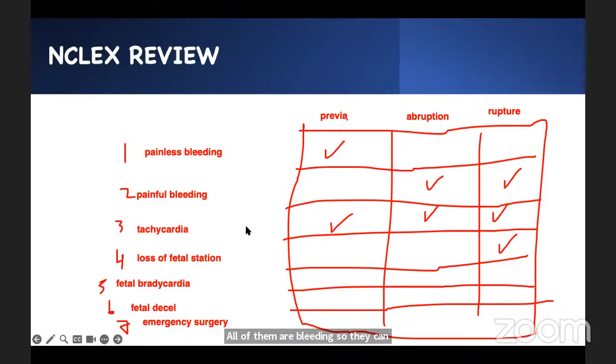Just know that. They are bleeding problems. Emergency surgery. Most of the time with previa, there's no bradycardia, there's no fetal death. There are two that have this problem. So this is the way it will look.